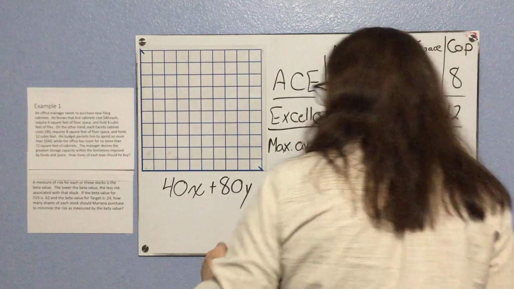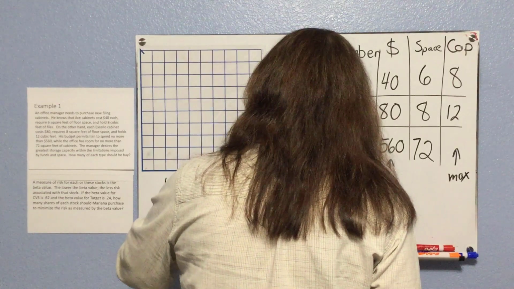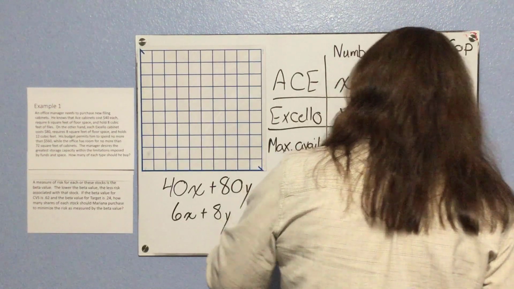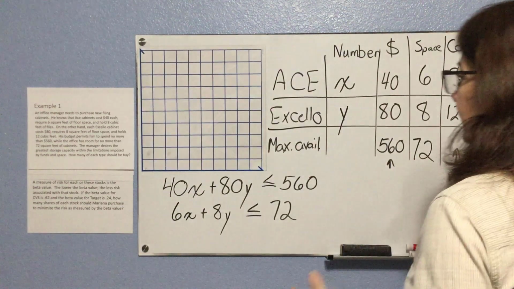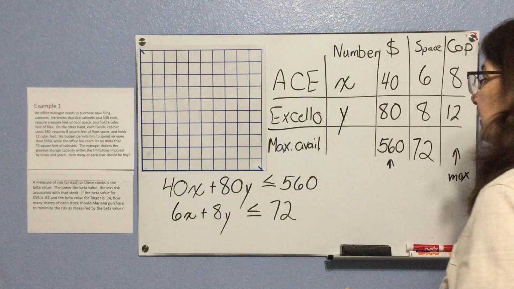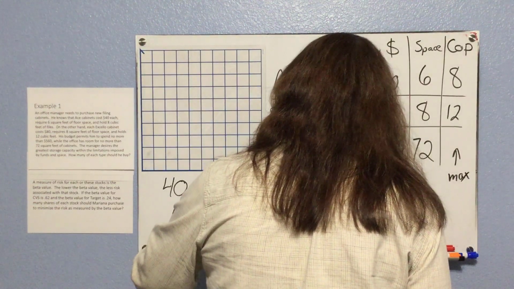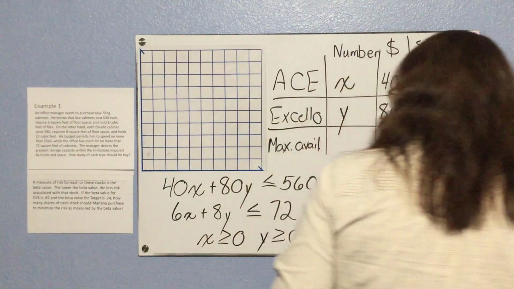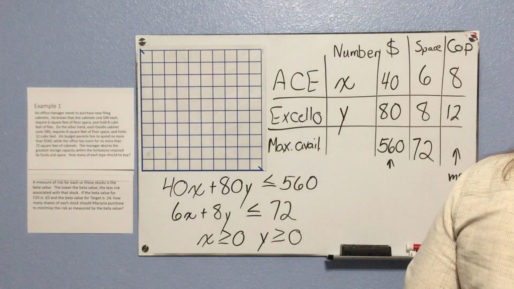Now the space, 6x plus 8y has to be less than or equal to 72 square feet. The number of cabinets cannot be negative, nor can the square feet be negative, so we automatically have x greater than or equal to 0, and y greater than or equal to 0. We're going to buy some cabinets, so those won't both be 0.